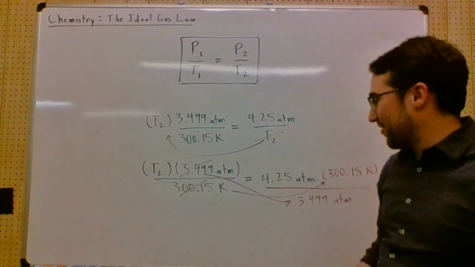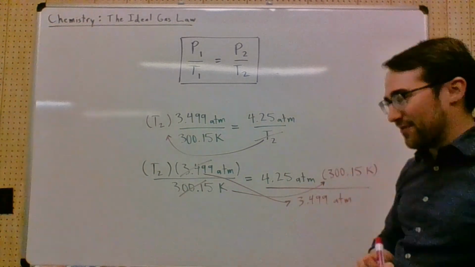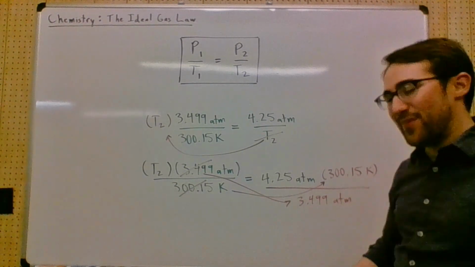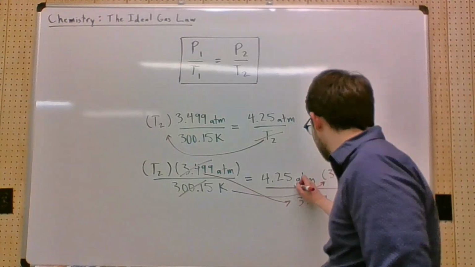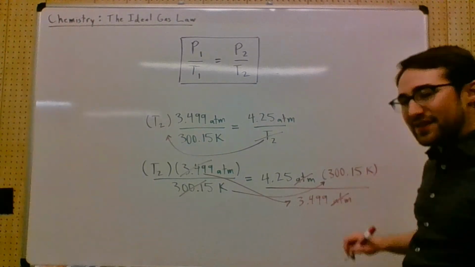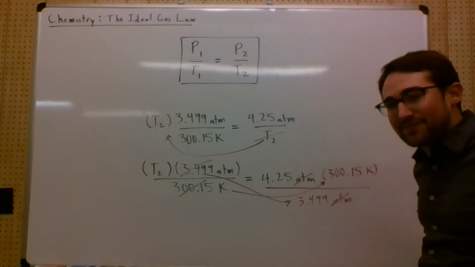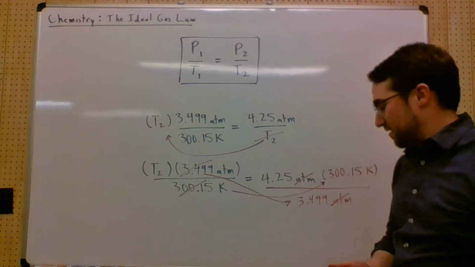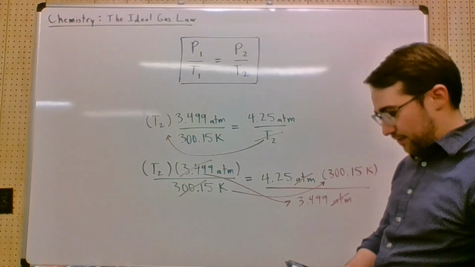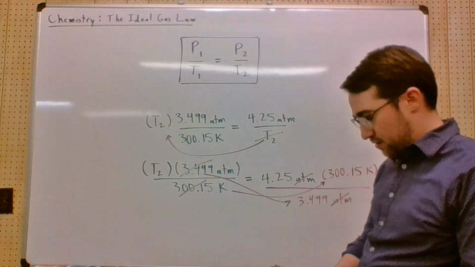I've only got T2 on the left side. 4.25 times 300.15 divided by 3.499 should be my answer, and my units should cancel out. I get rid of my atmospheres. Kelvin stays. So let's multiply this out. 4.25 times 300.15 divided by 3.499.